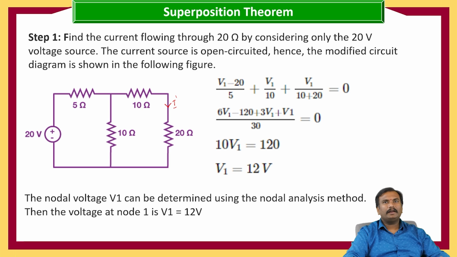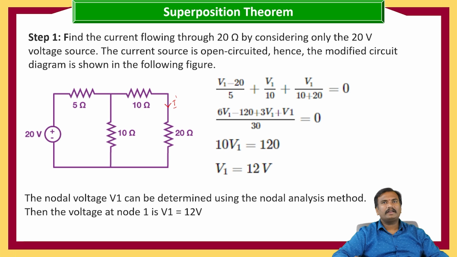In order to calculate I dash, we can go with either mesh or nodal analysis. Here we are going with nodal analysis because if we go with mesh, we have to go with two equations. If we go with nodal, we can easily get it with a single equation.